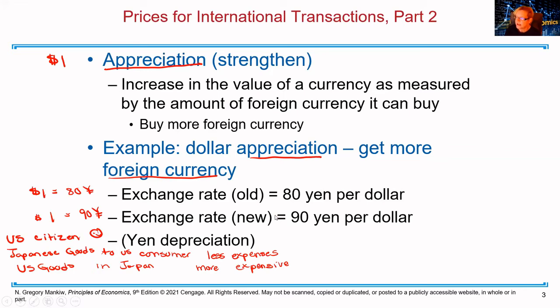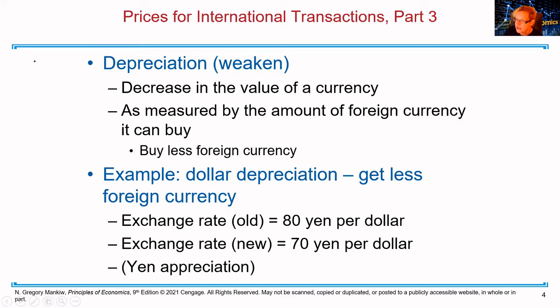Let's talk about the opposite effect, which is depreciation. Again, we're looking at this from the stance of $1, and how much foreign currency we can trade. So here we'll start with $1 equals 80 yen. The US dollar depreciates and $1 only gets us 70 yen. So think for a minute about who is happy and who's sad. We wouldn't want to go to Japan, right? Because it's more expensive to do so.